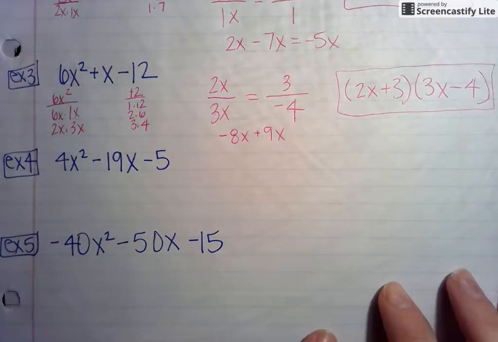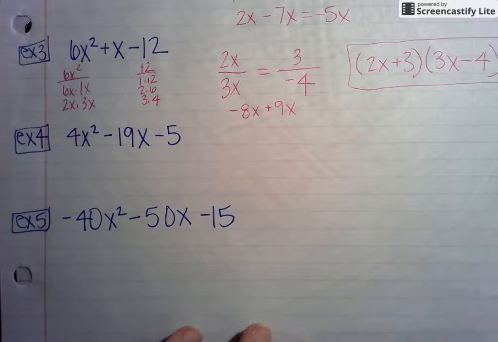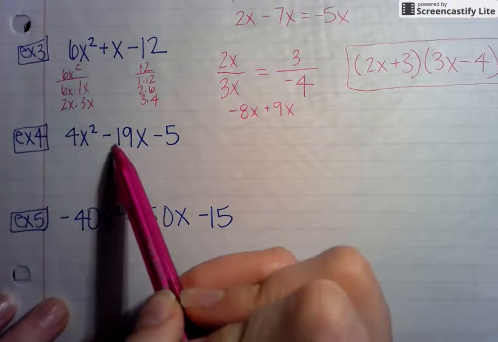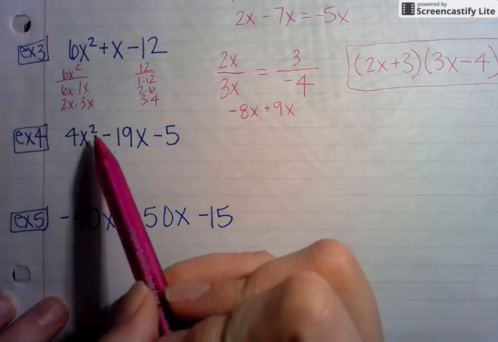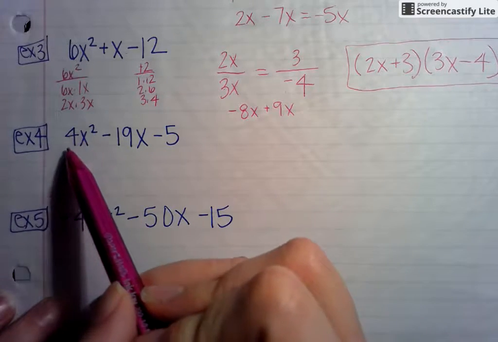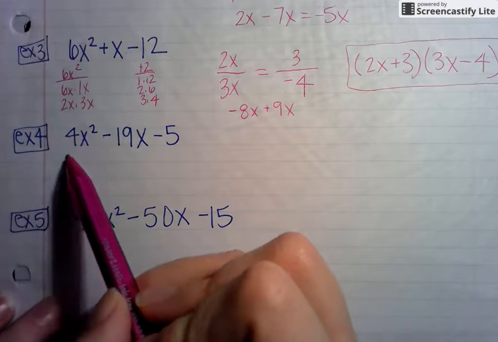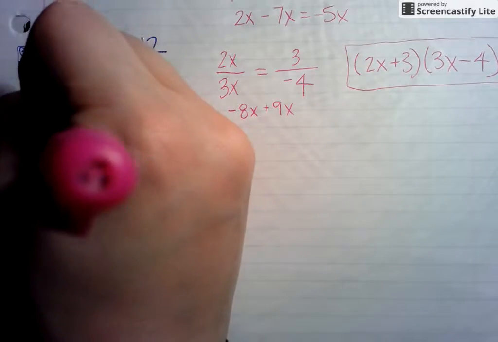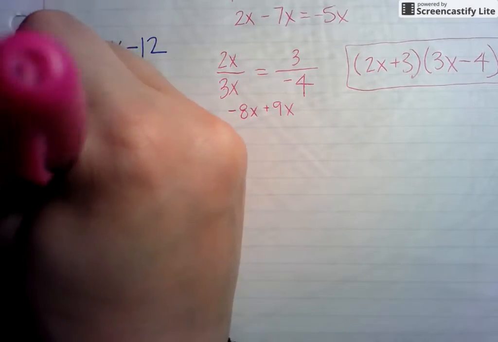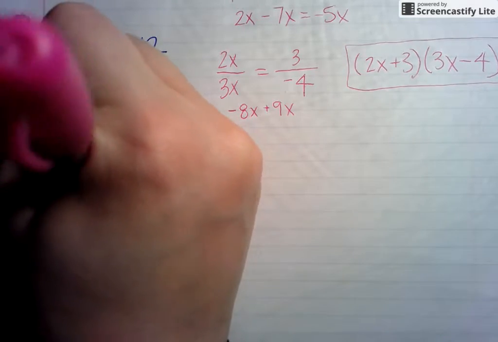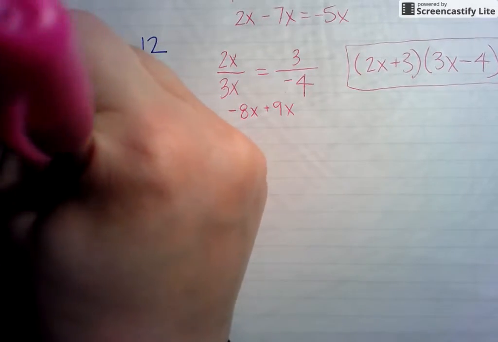So it really is a guess and check method for that one, or for any of them, I guess. In this case, I have 4x squared minus 19x minus 5. I see that I cannot take out a GCF, and I notice this is greater than 1. So I'm going to find my factors of 4x squared. So I have 1x times 4x and 2x times 2x.